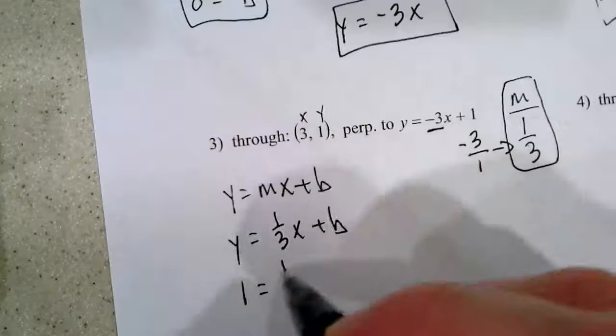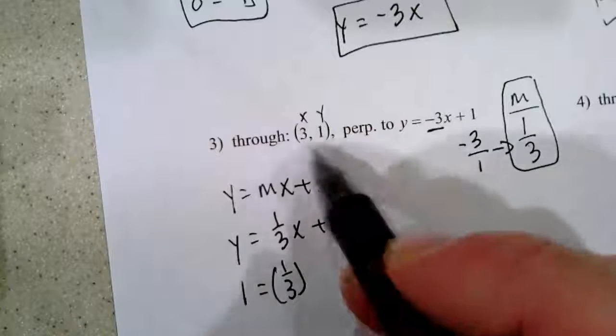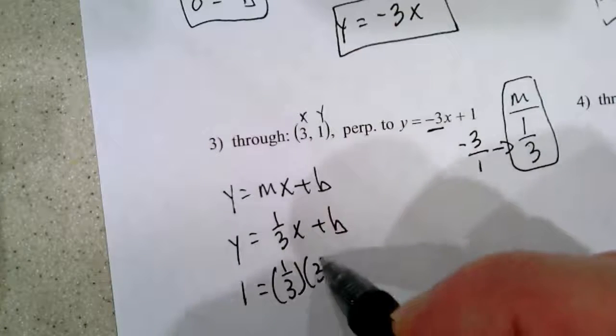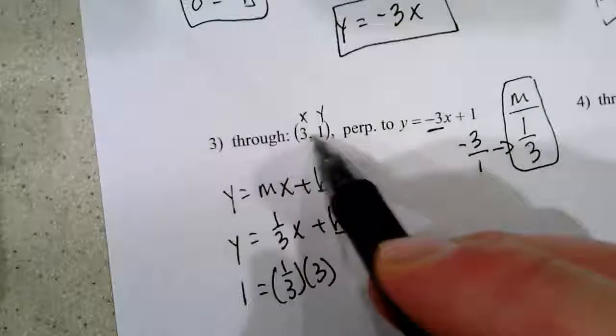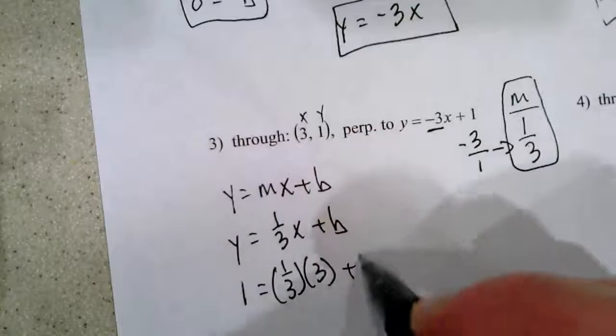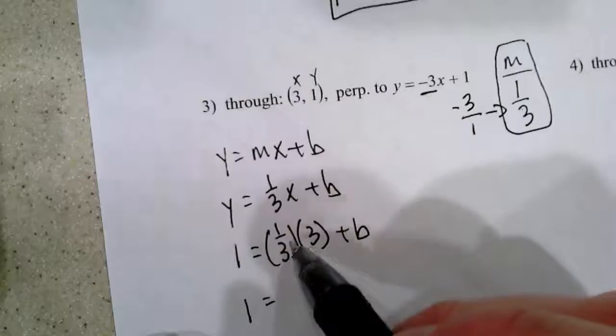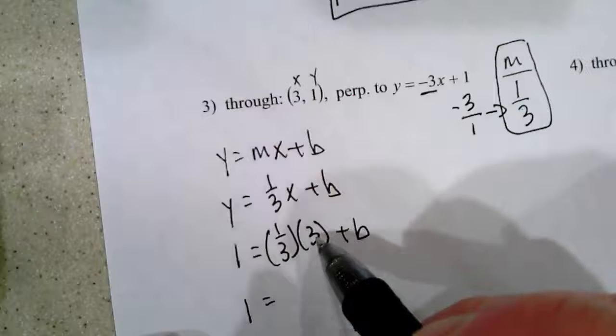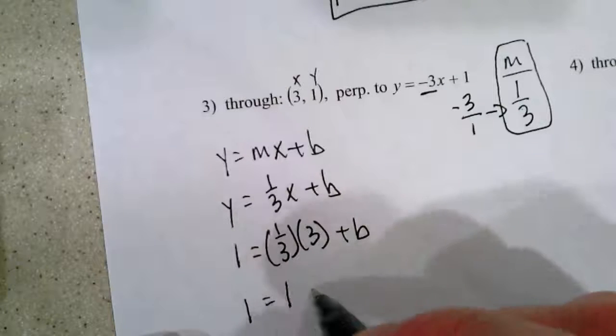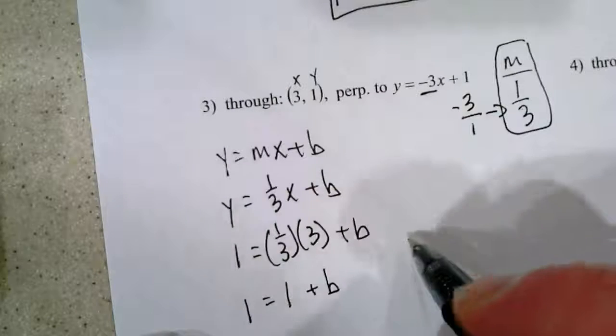1 equals 1/3 times our x coordinate, which is 3. So I'm just substituting x and y, 3 and 1, from this point into the equation, plus b. 1 equals 1/3 times 3. Well, if I have 1/3, I multiply that times 3, I have 3/3, which is just 1, plus b.